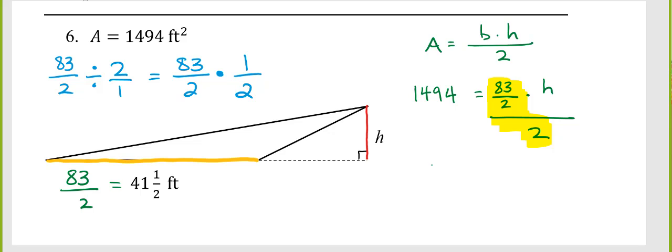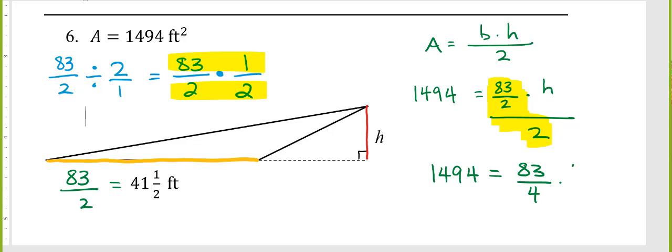So I get 1,494 equals, what is this? Do you see that it's going to be 83 over 4 times h.